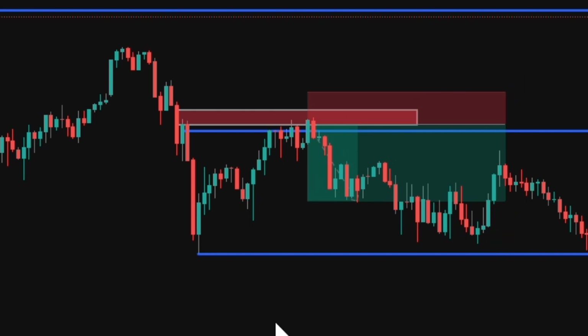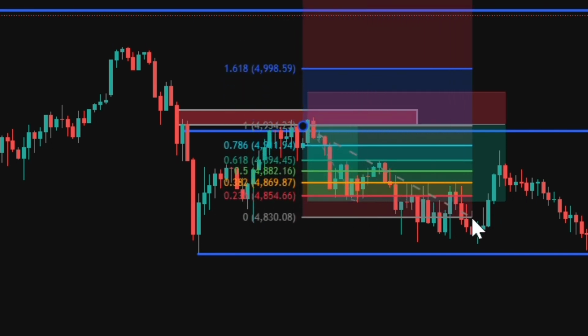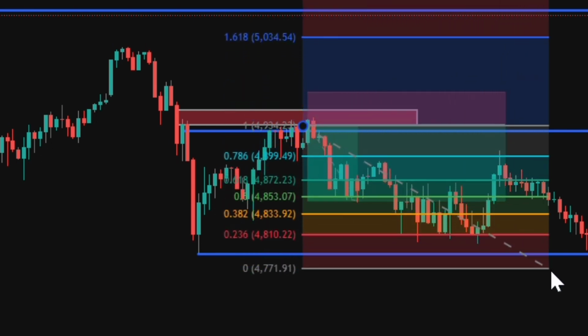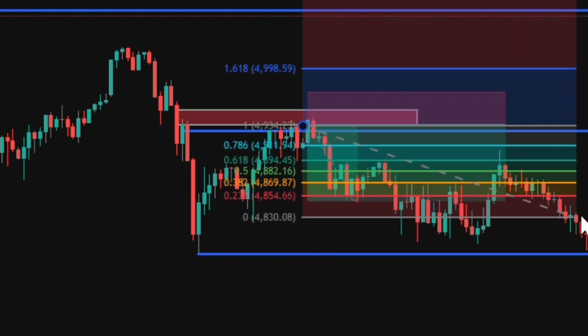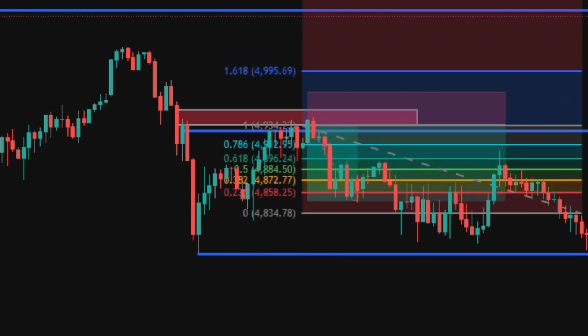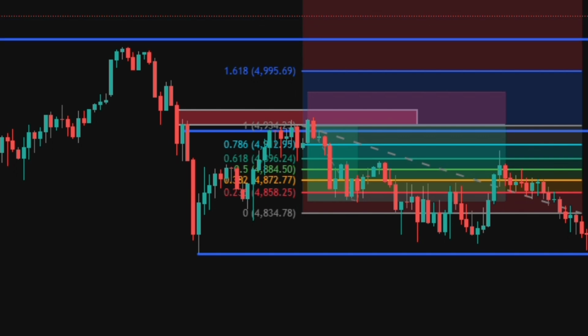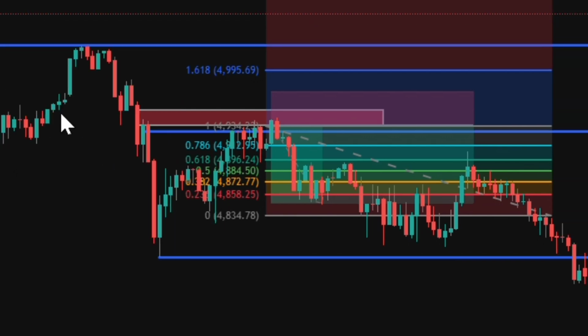We take our Fibonacci retracement from where we have entered around here to the last high, okay? In this case, our last high was around here. This is the last high. So this 1.618 should touch this blue line, okay?